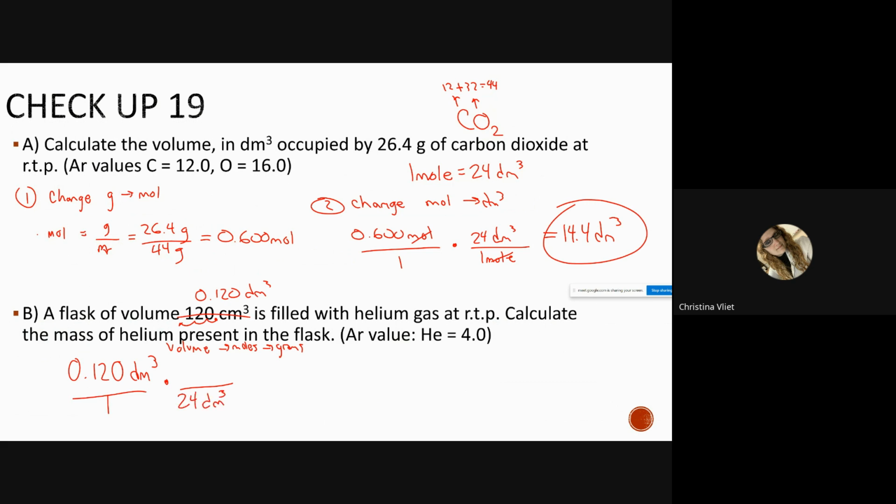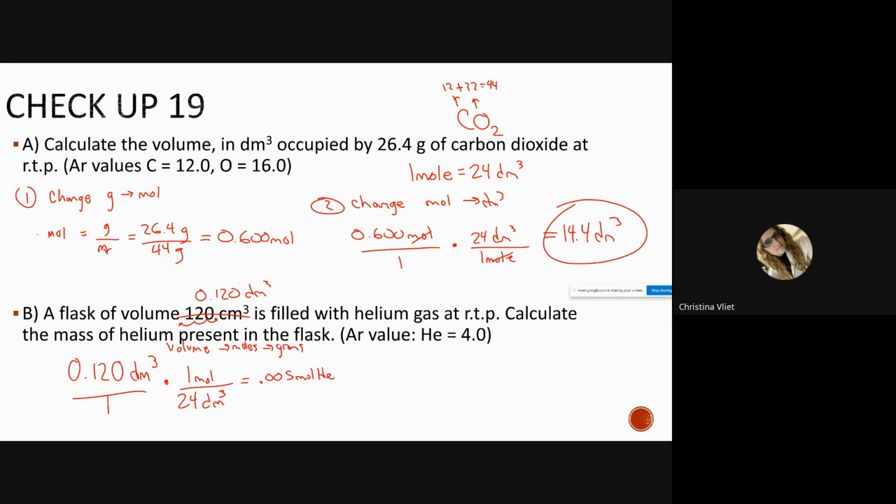That is correct. So that gives us the answer in moles. I just did dimensional analysis, but if you break it up step by step, it would be 0.005. All right, now what do?